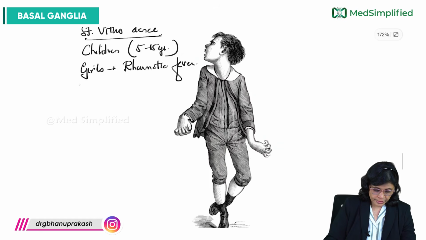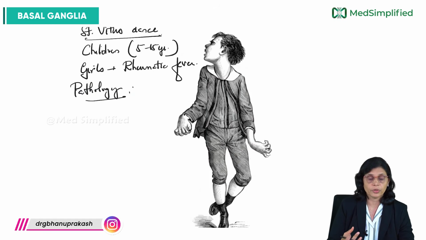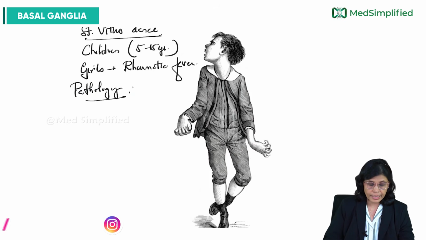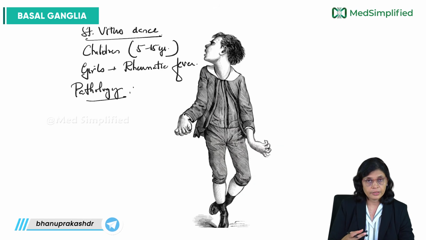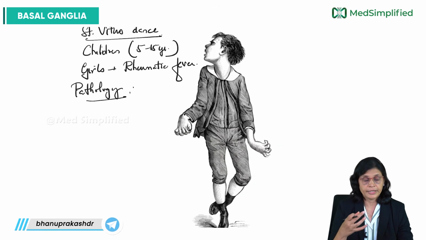The pathology here is that the antibodies produced by the antigens of streptococcal bacteria combine with the proteins of the membranes of neurons of the striatum, that is the caudate nucleus, the putamen and the globus pallidus, producing inflammatory changes.